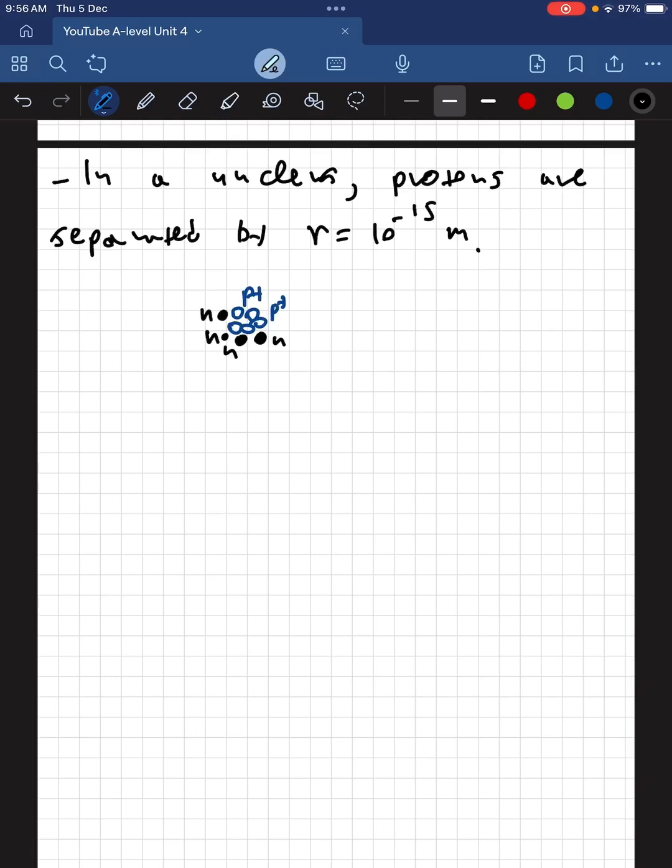And just to give you an idea of how close they are, in an atom, which is also tiny, protons in the nucleus and electrons are separated by 10 to the negative 10 meters. So the atom is about 1,000,000 times larger than the nucleus, and the atom is also tiny. Anyway, let's find what the Coulomb force between two protons in the nucleus is.